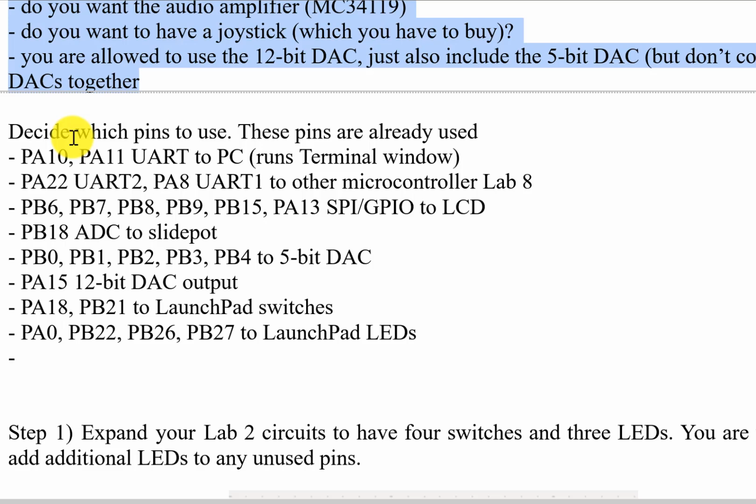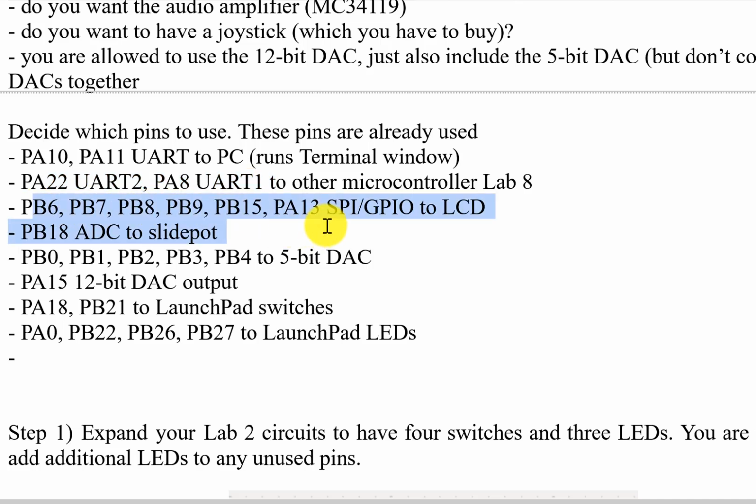Now, some of the things we don't really have much choice for. PA10 and PA11 are the connection to the PC through the terminal window. PA22 and PA8 are your Lab 8. The LCD is connected to these pins. The slide pot for Lab 7 is connected to PB18.